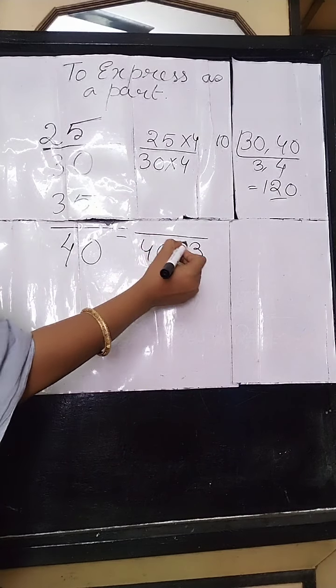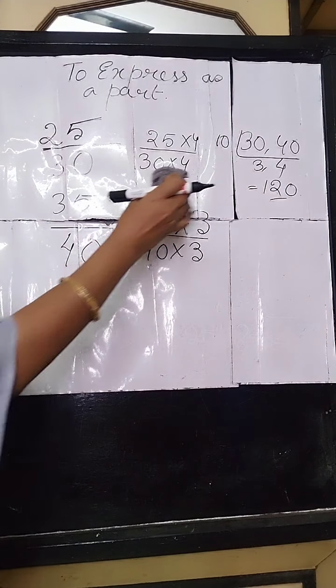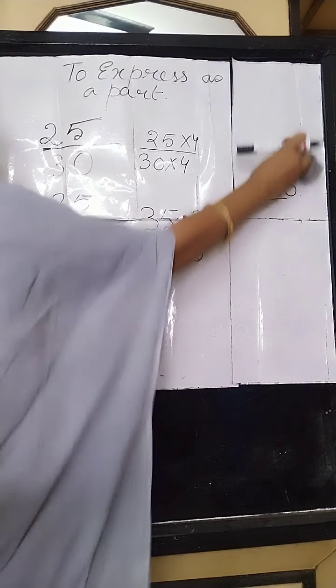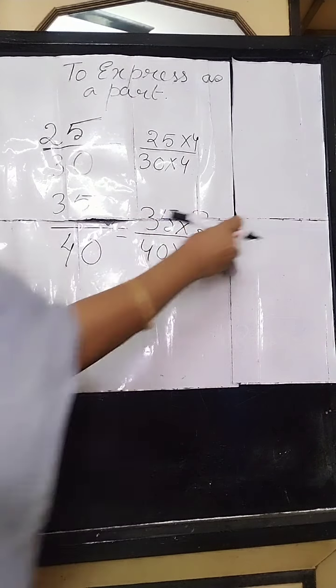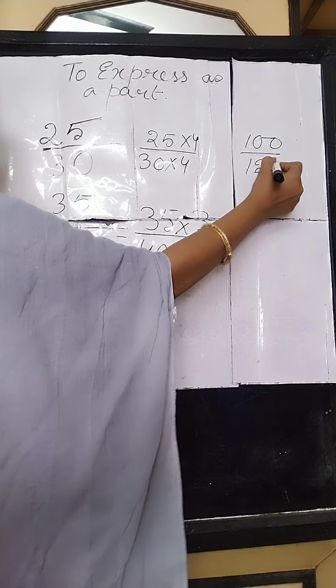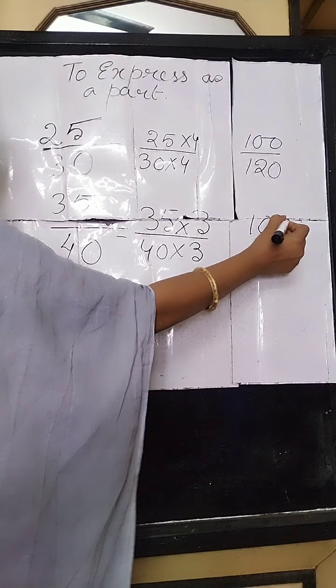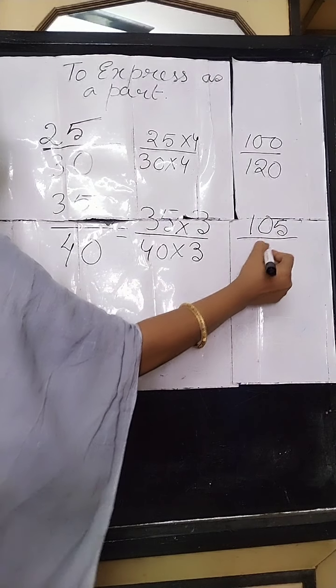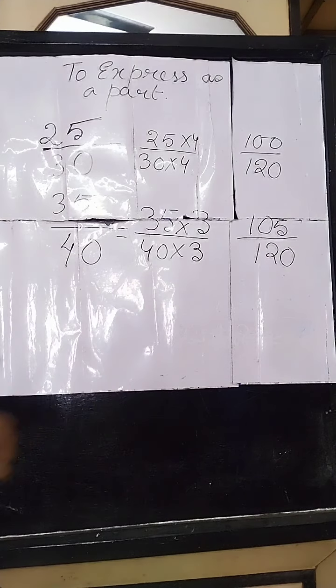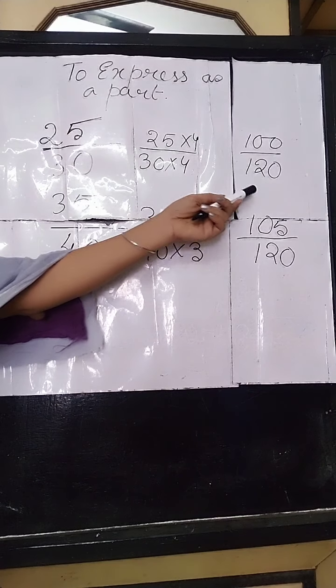Now we will compare what number is scored by you and your friend in the mathematics test. So ultimately you are getting 100 by 120 and your friend has secured 105 by 120. Now you can notice that the denominators are same.